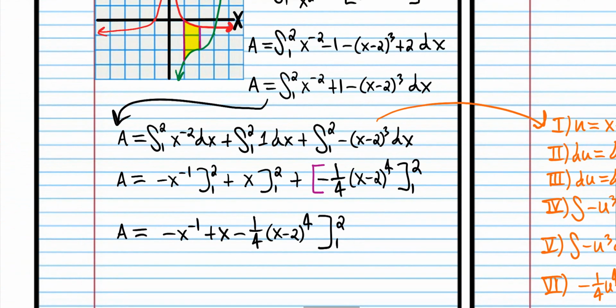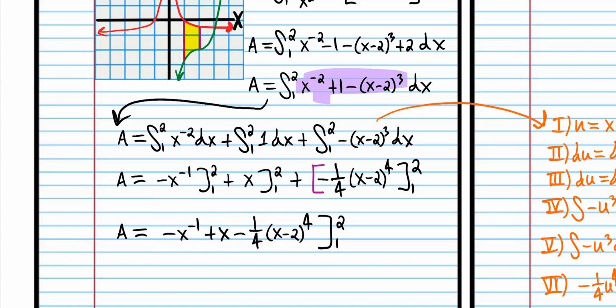And you're going to get the same answer. So what we did is we found the antiderivative of this expression here, which is that. So we found the antiderivative of that, and we got that expression down there.